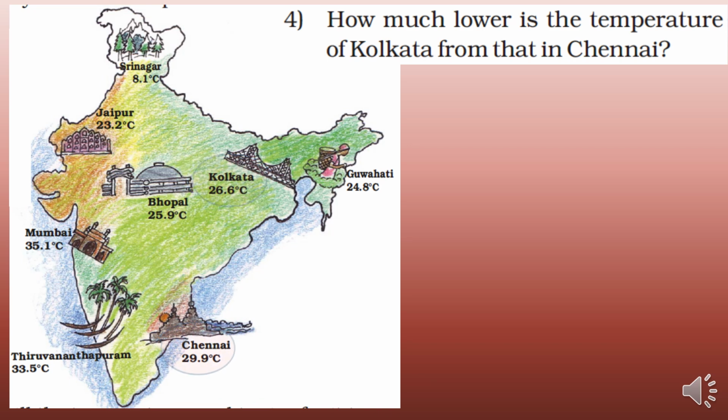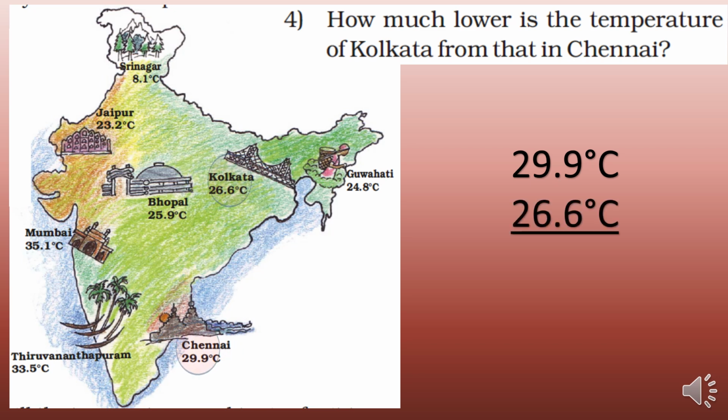So let us find out how much lower the temperature of Kolkata is. 29.9 degrees Celsius and Kolkata's 26.6 degrees Celsius. Let us put the subtraction symbol and find out. So it will be 3.3 degrees Celsius. So the temperature of Kolkata is 3.3 degrees Celsius lower than that in Chennai.